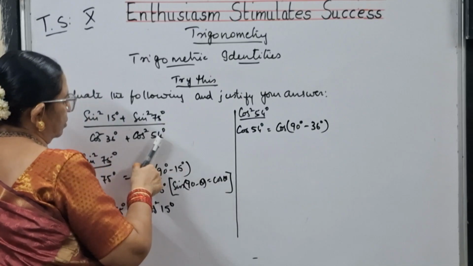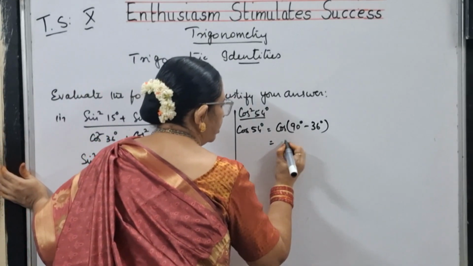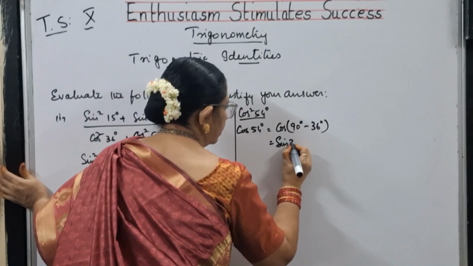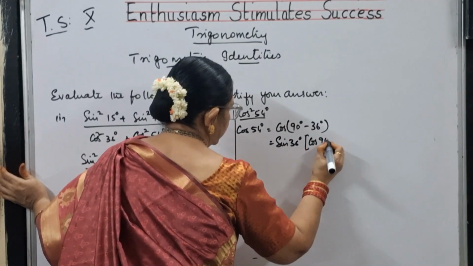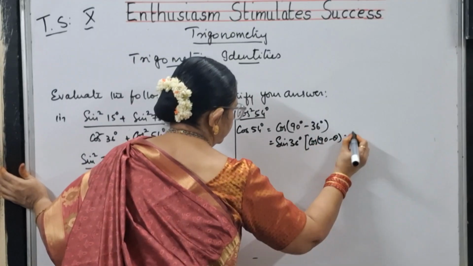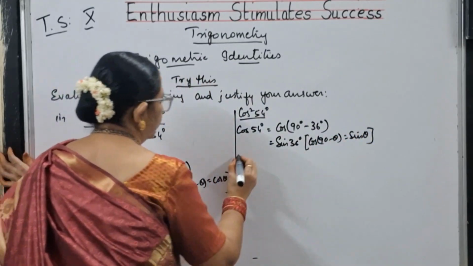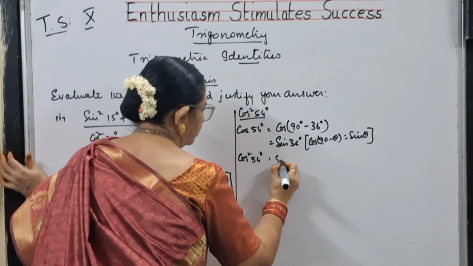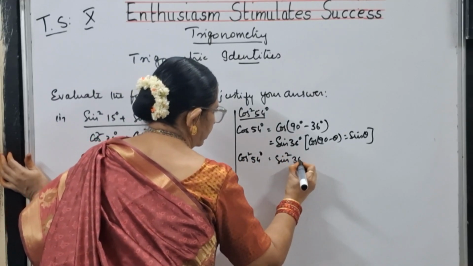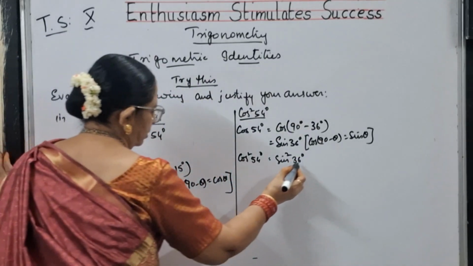Cos 90 minus theta is sin theta. So cos square 54 degrees is equal to sin square 36 degrees. See how we have converted.